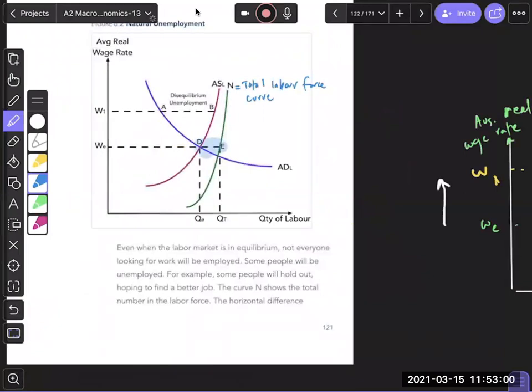Willing and able to work but still not working because they don't like either the job or the salary, and therefore they are holding out. And this gap is shrinking because, of course, the higher the wage, the higher the opportunity cost of not being in the labor market.